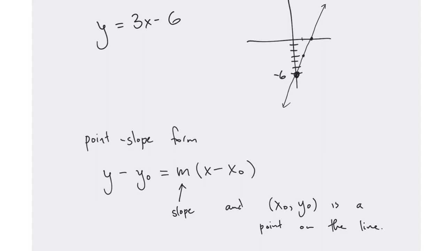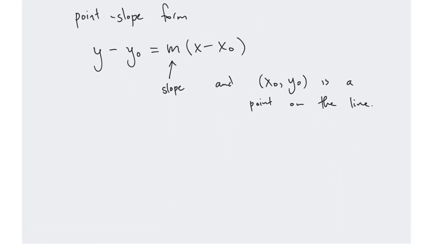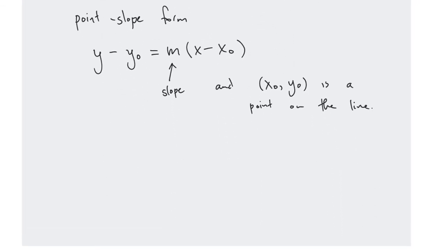So if you don't know what the intercept is, but you do know it goes through this or that point, and you know what the slope is, you can use the point-slope form to figure out what the equation of the line is.